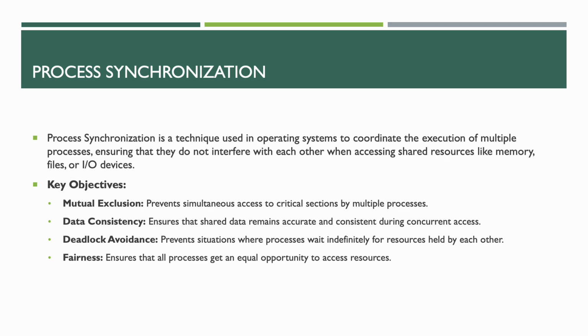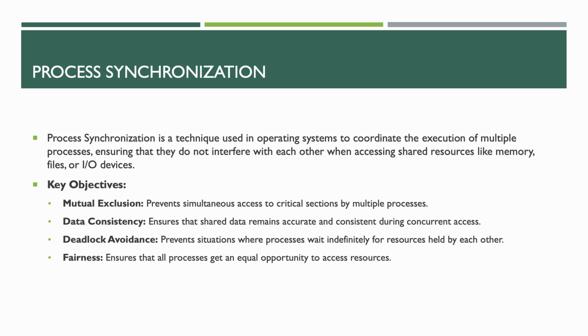Okay, third is deadlock avoidance. It prevents situations where two or more processes wait indefinitely for resources locked by each other. For example, process A holds resource 1 and needs resource 2, while process B holds resource 2 and needs resource 1, resulting in a deadlock. Without either of them releasing, neither can proceed with processing, so they will freeze forever.